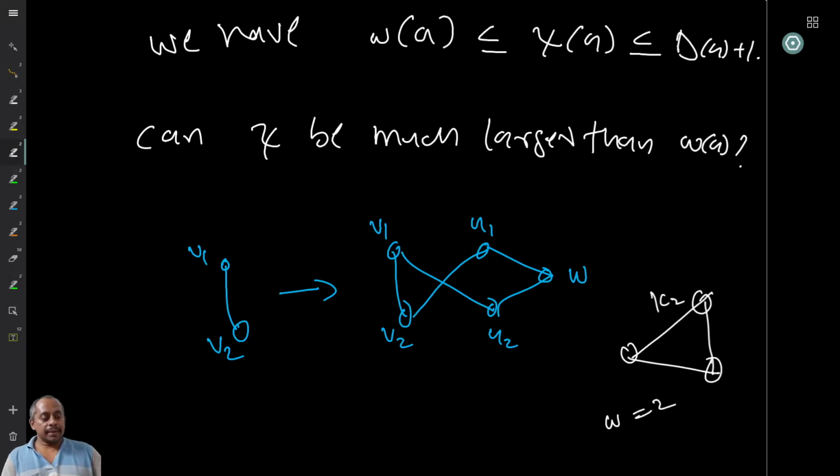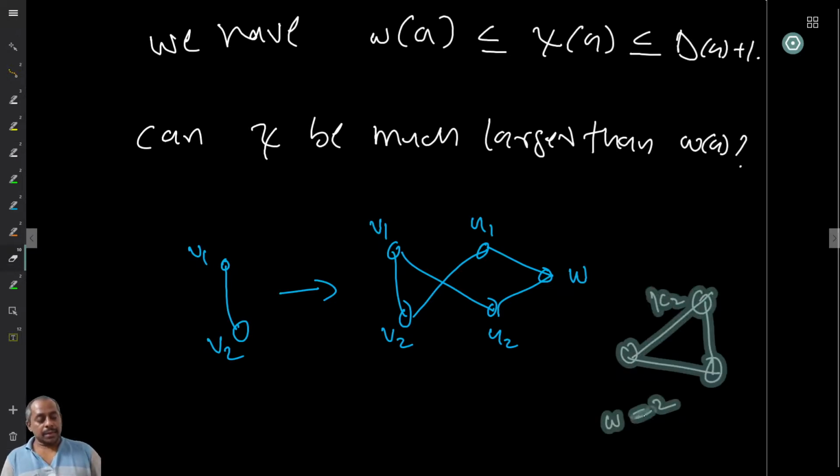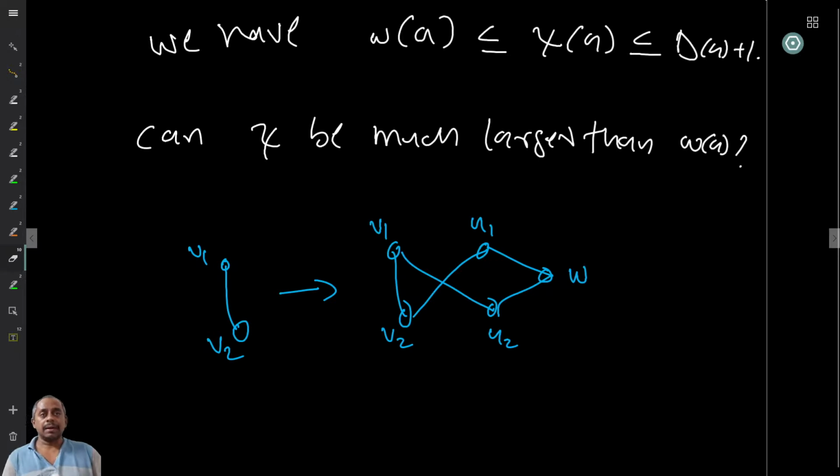So what we are saying is that we have graphs with omega equal to 2 and chromatic number as large as you want. And how do you do that? Of course there are many ways, but one famous result was the construction given by Mycielski. Mycielski's construction shows that if you are given a graph which does not contain triangles and has some chromatic number, let's say k, then I can make a new graph from this graph whose chromatic number is strictly larger than k.